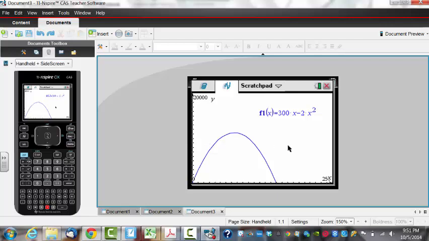Okay, so now we're going to find the vertex, which is going to be where the maximum is. I'm going to let you take a moment and find the coordinates of the vertex, and go ahead and submit it in the next couple seconds.